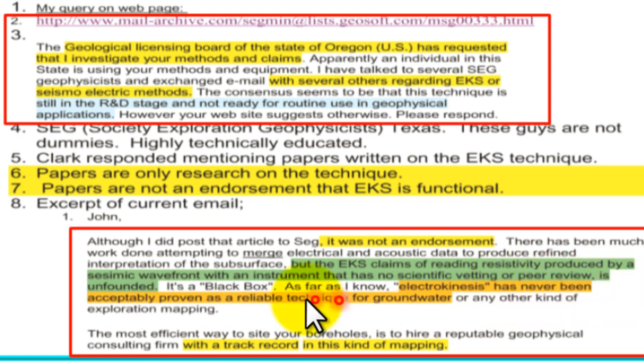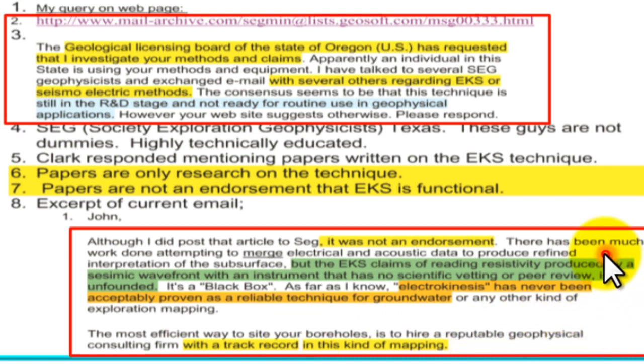It's a black box. As far as I know, Electro-Kinesis has never been acceptably proven as a reliable technique for groundwater or any other kind of exploration mapping. The most efficient way to site your boreholes is to hire a reputable geophysical consulting firm with a track record in this kind of mapping.